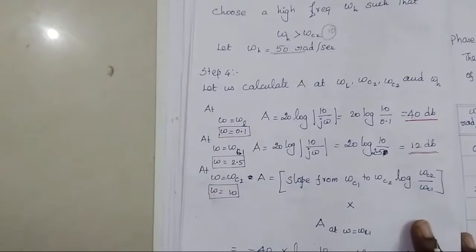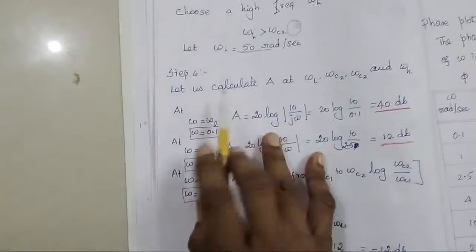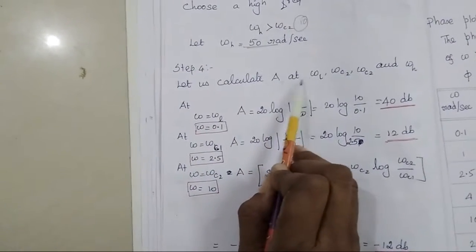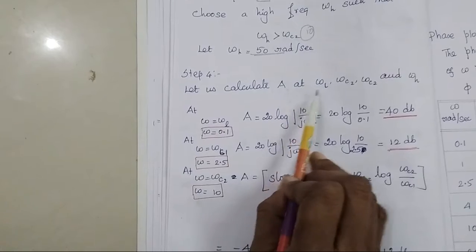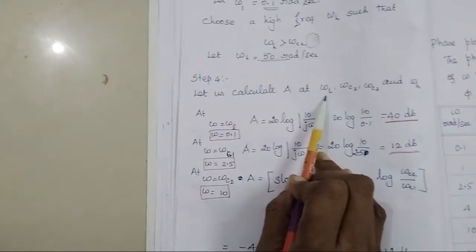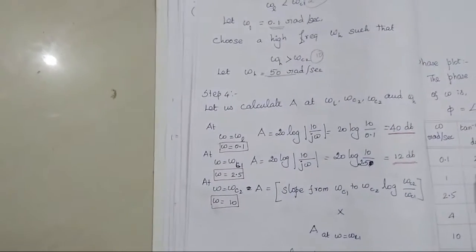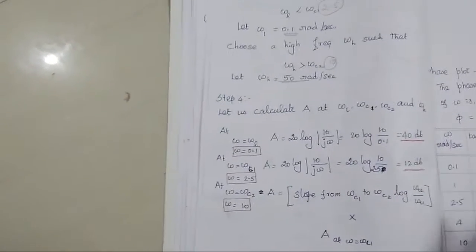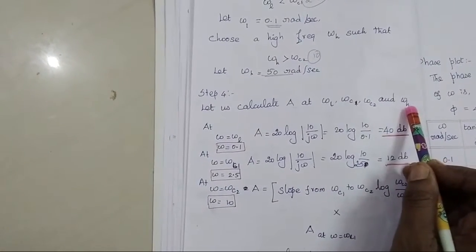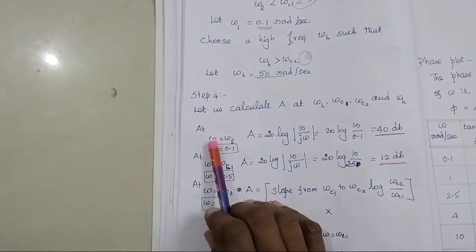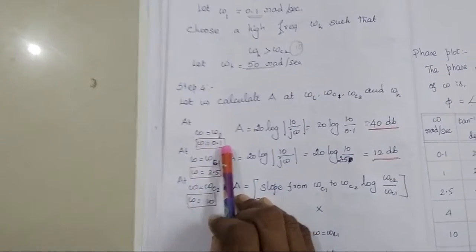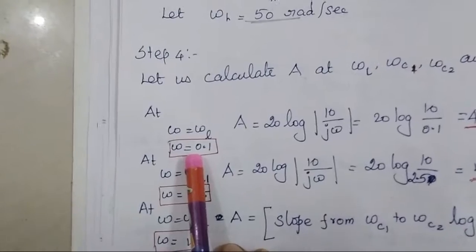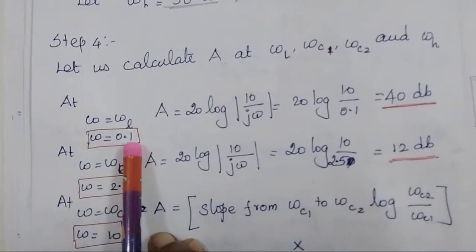Then step number 4. In step number 4, we need to calculate the gain A at 4 frequencies: omega L, the lowest frequency, then omega C1, omega C2 and omega H. Now find at omega equal to omega L, here omega L is 0.1.